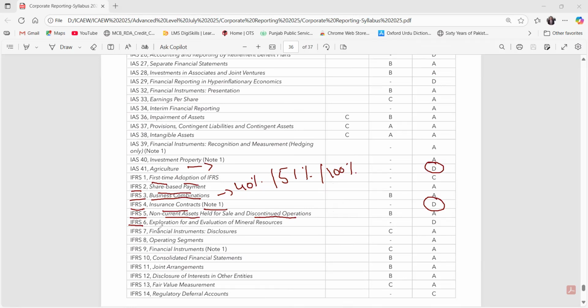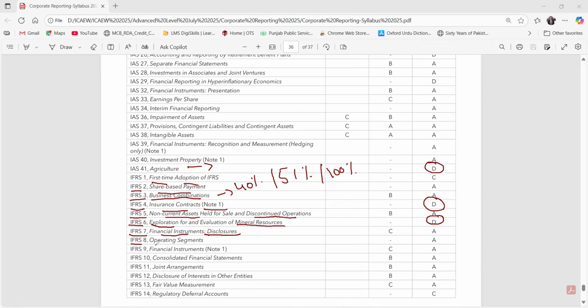IFRS 6, that is basically about exploration for and evaluation of mineral resources. Again, just a very basic awareness you need for this topic. IFRS 7, financial instruments, basically talking about disclosures, part of financial instruments.